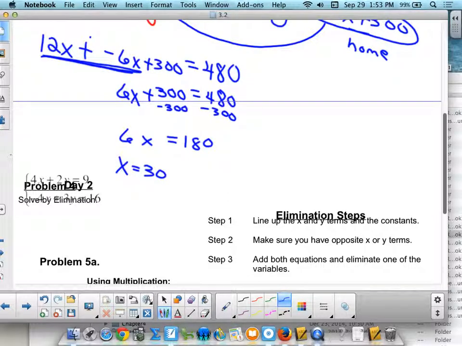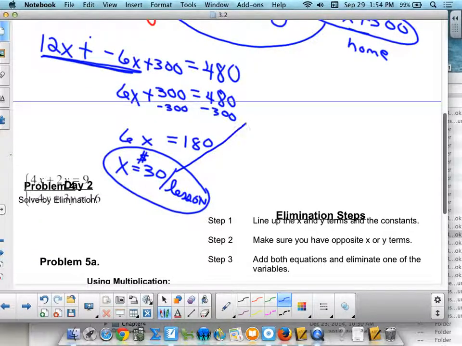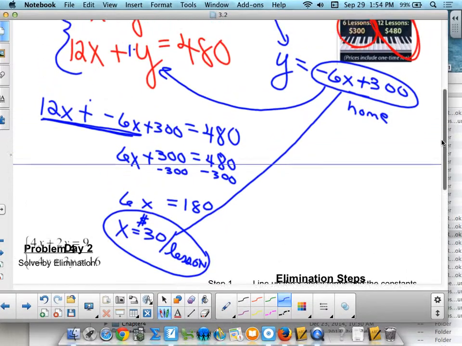Okay, now wait a minute, because some of you didn't do this. When you get that answer, it does stand for something. It's a story problem. $30 what? Per lesson. Because it's X, it's $30 per lesson. Now you want your one-time fee. Go back home, put it in.